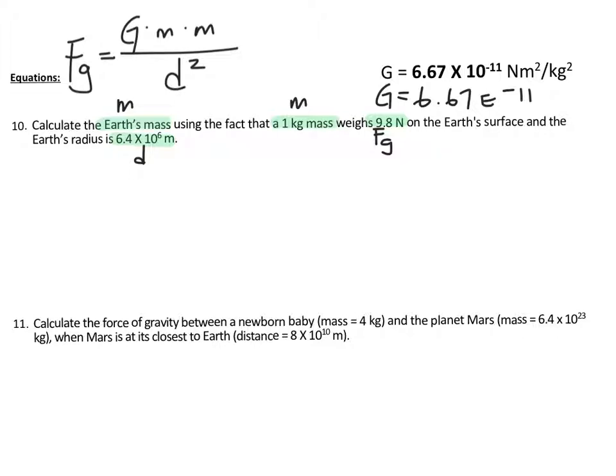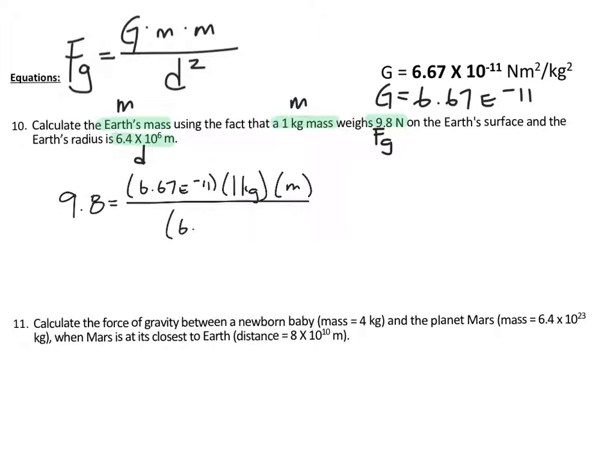So if I rewrite this, I get 9.8 equals big G, which is 6.67 E negative 11, times my first mass, which is 1 kilogram, and my second mass, which is unknown right now, is the mass of the Earth. I'm just going to leave it as an M. And all of that is divided by the distance, which is 6.4 times 10 to the 6 squared.